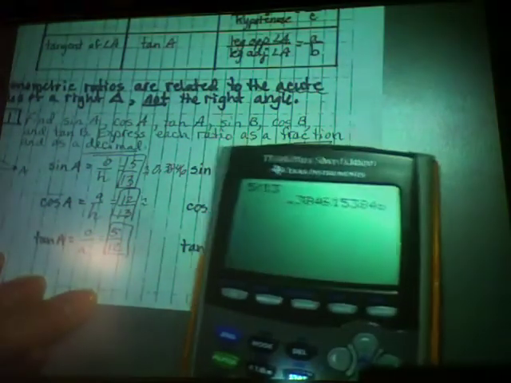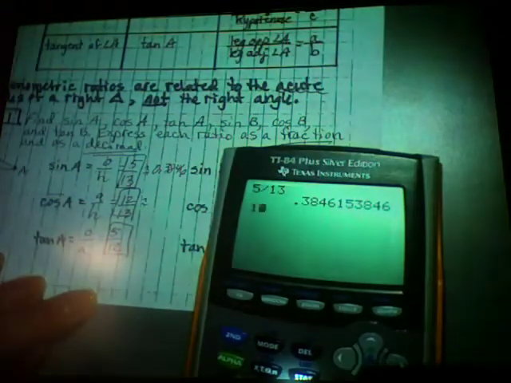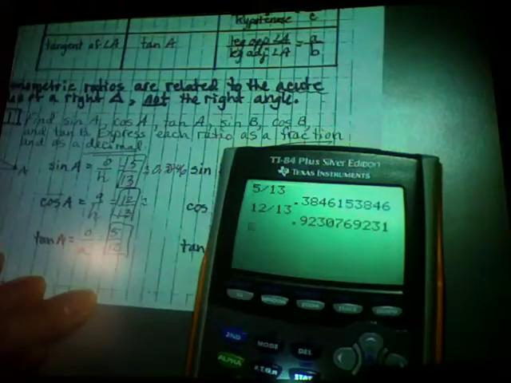And then 12/13. Anybody having trouble? You having trouble, Megan? Yeah, I'm just doing 5 divided by... Nope. And so this one is 923 what? It does round to 1, so make sure you're using proper rounding rules.